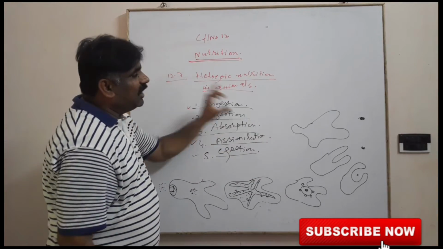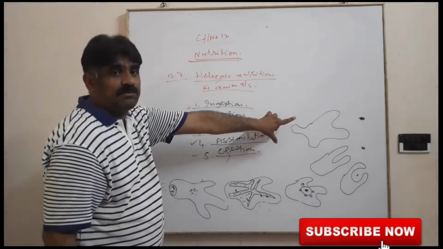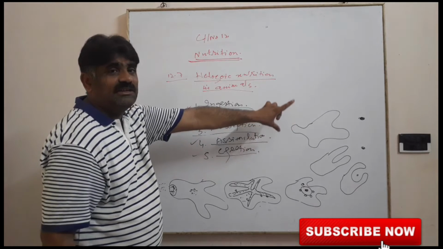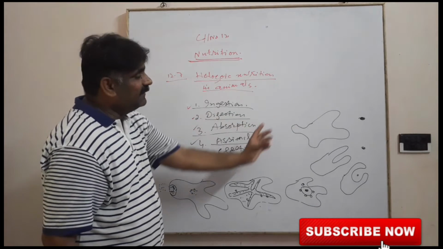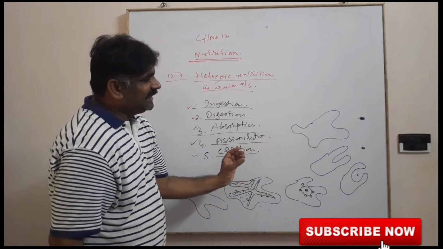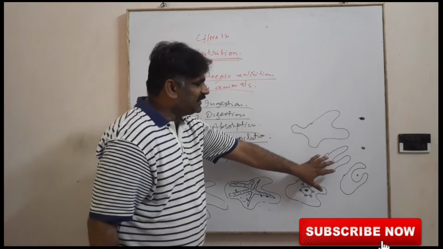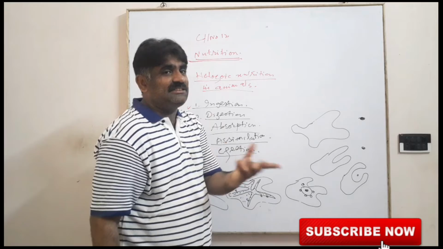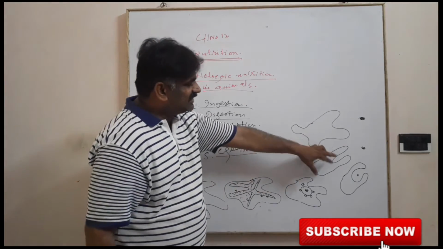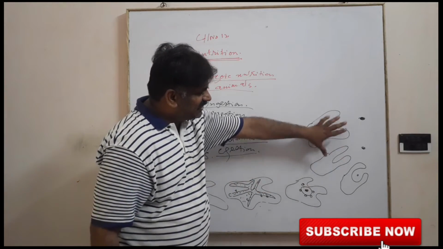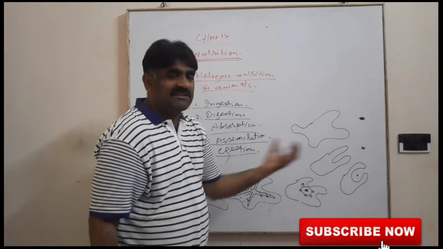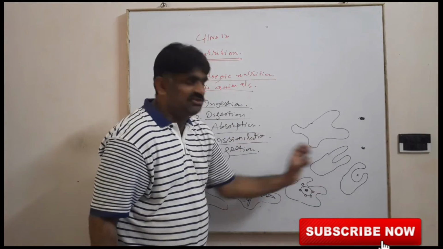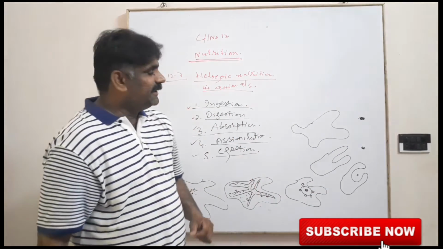Ingestion: amoeba ingests complex, insoluble food particles with the help of its ectoplasmic extensions. They become finger-like projections, which we name pseudopodia, meaning false feet. The first step, as I described, is how it makes a food cup with the help of the pseudopodia, which is used for ingestion.